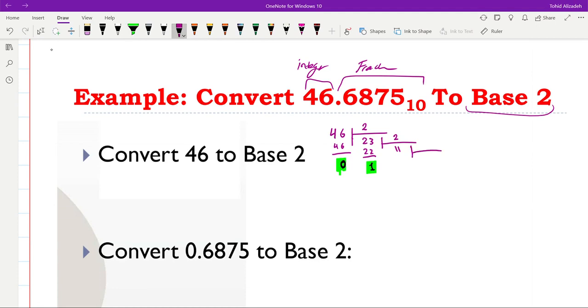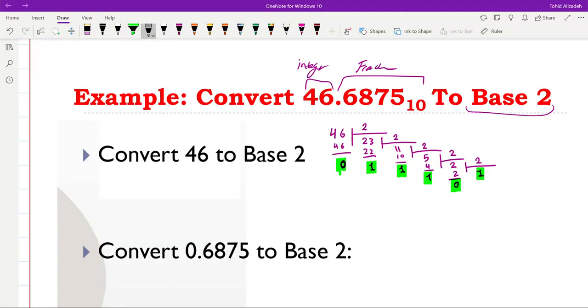Then 11 divided by 2 will give us 5, and we get 1 as the remainder. We continue: 5 divided by 2, we will get 2 and 1 as the remainder. And 2 divided by 2 will give us 1 and 0 as the remainder. At this point, since 1 is smaller than 2, we will stop.